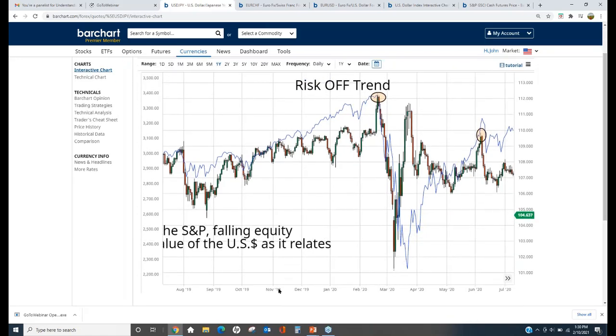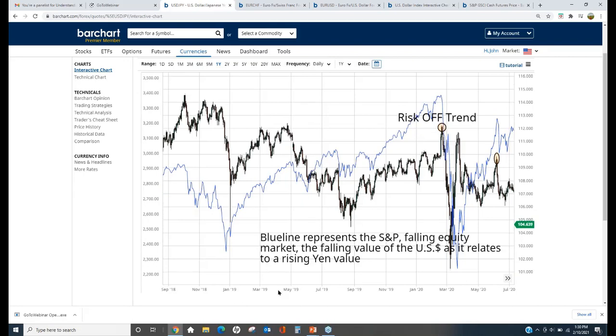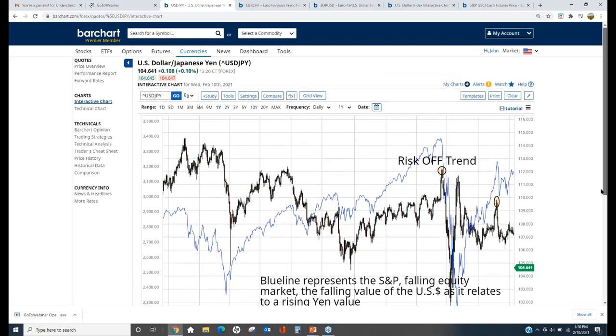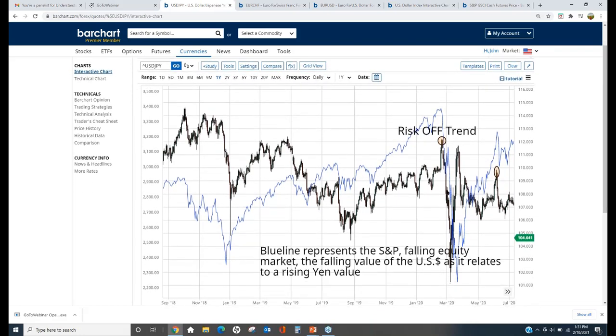What I want you to notice here is, again, this is the US dollar to the Japanese yen. And our blue line does represent our S&P market. And you can see the S&P market is going up, everybody's happy. S&P starts to fall, risk off, right?